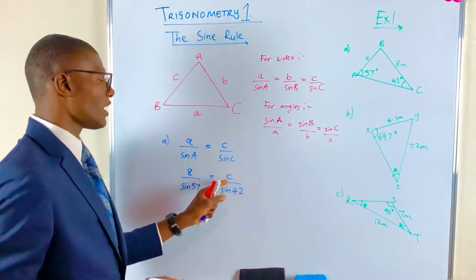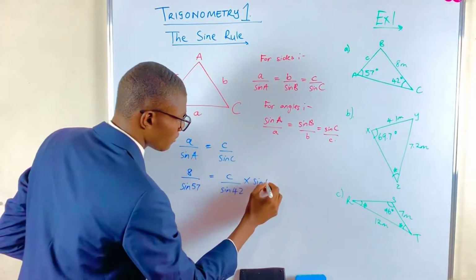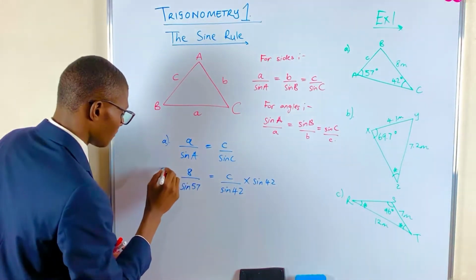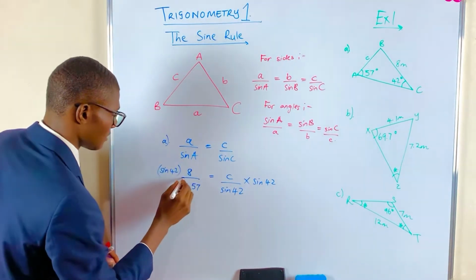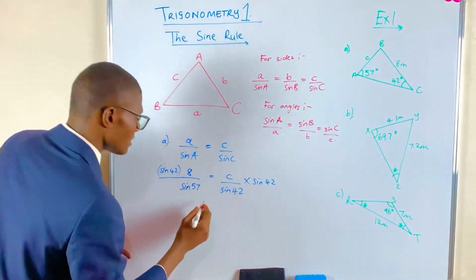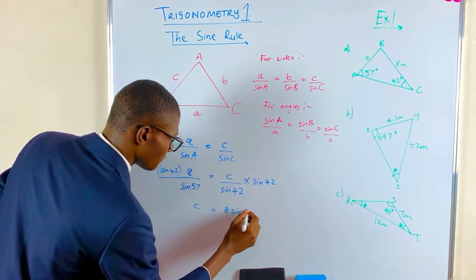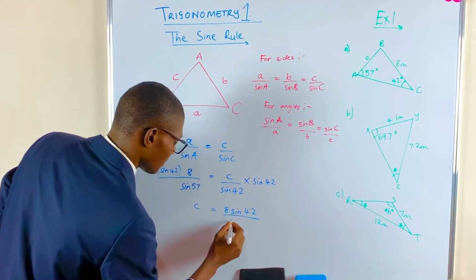To get C, we multiply both sides by sine 42, such that C would be equal to 8 sine 42 over sine 57.